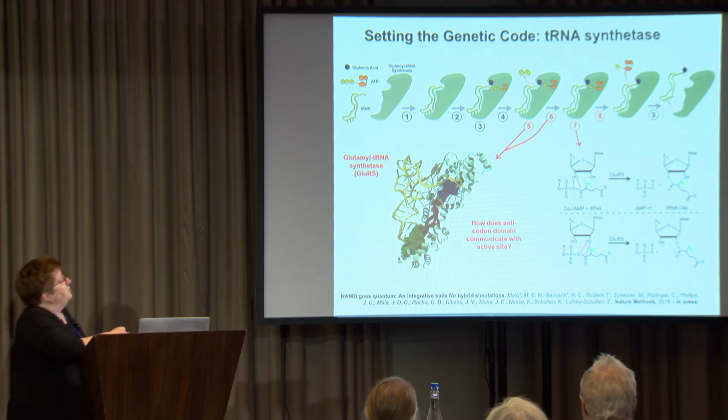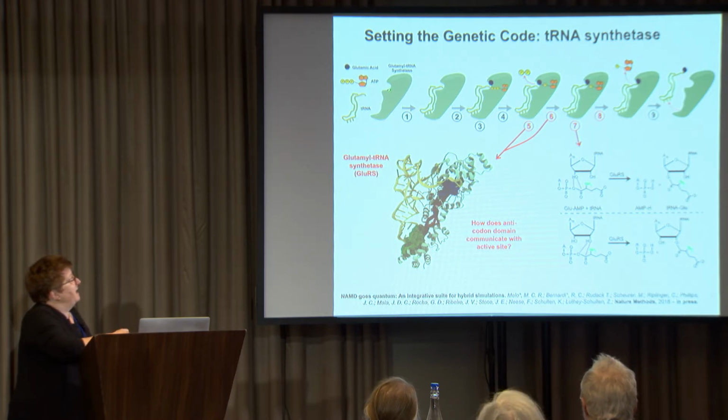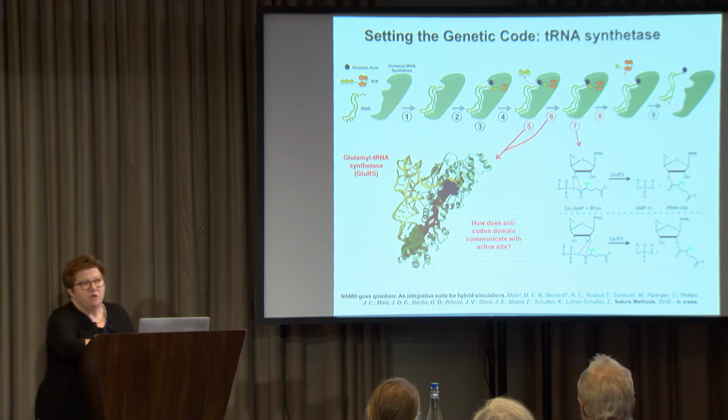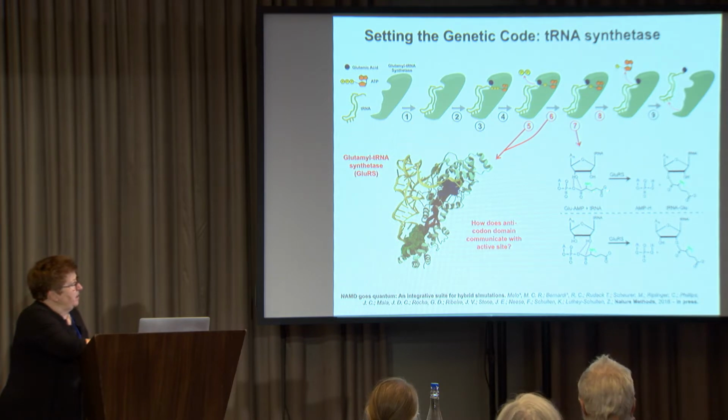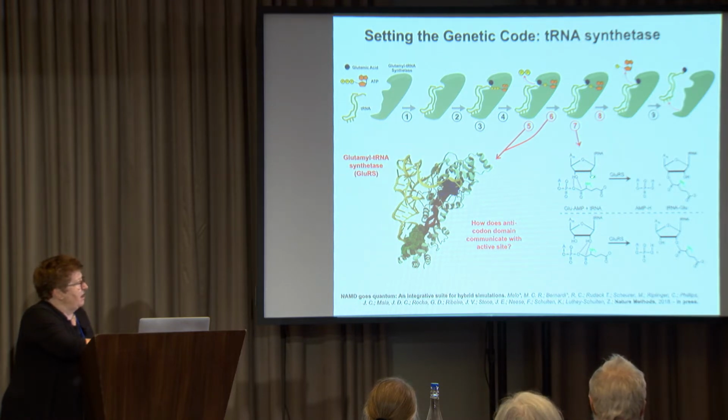And again, here's the reaction in schematic form. All the components are coming into the active site here, and we're going to be really looking at these steps 5, 6, and 7, making that reaction. One of the things that we wanted to study here was, when you're adding the charged amino acid onto the CCA end of the tRNA, does it attach to the 3' or the 2' hydroxyl?